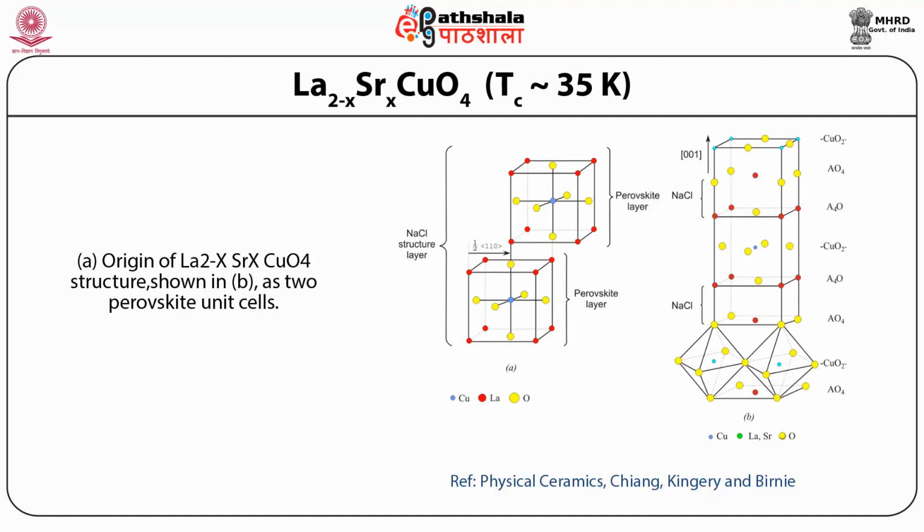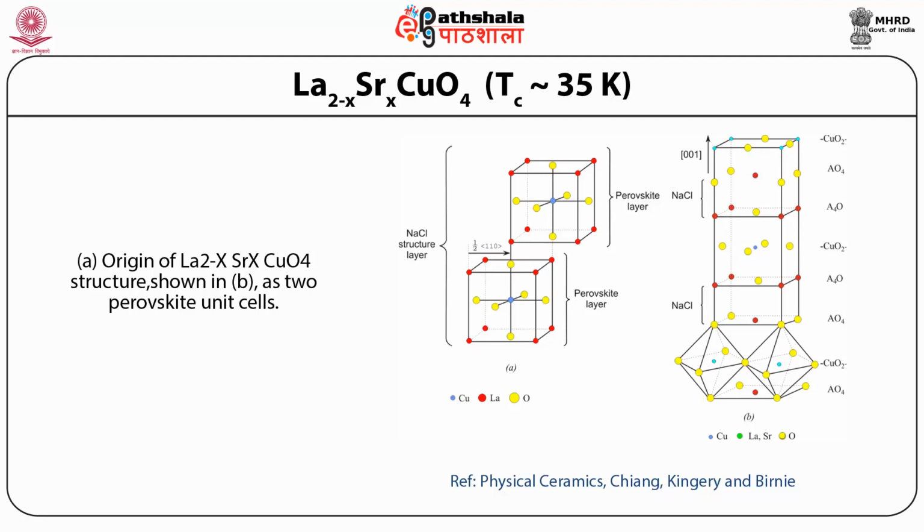La2-X SrX CuO4. So this structure is actually a mixture of one rock salt structure compound, which we have discussed in the previous slide. So you can see in this figure the origin of the La2-X SrX CuO4 structure, and on the right hand side you can see the two perovskite unit cells which are forming this compound.